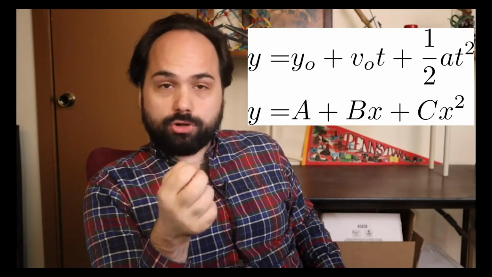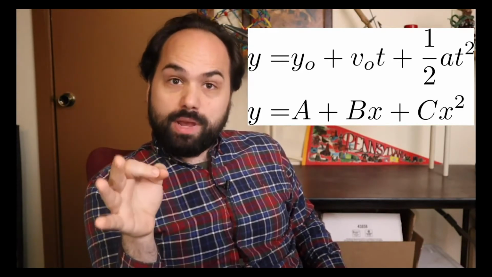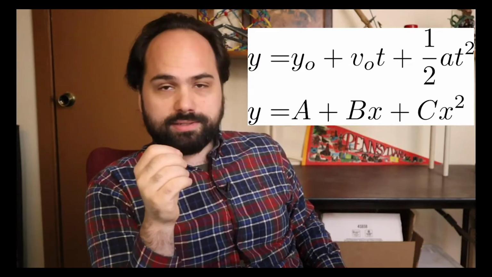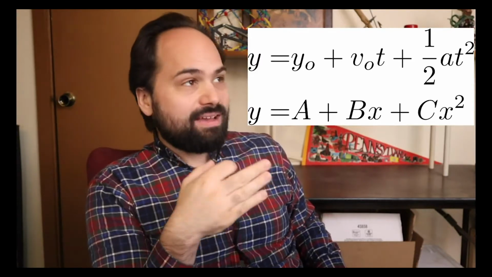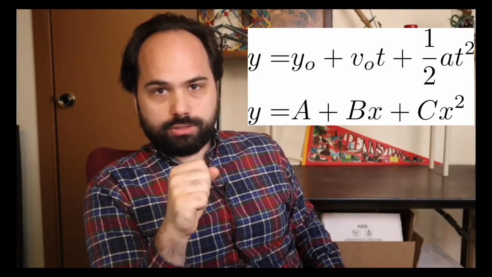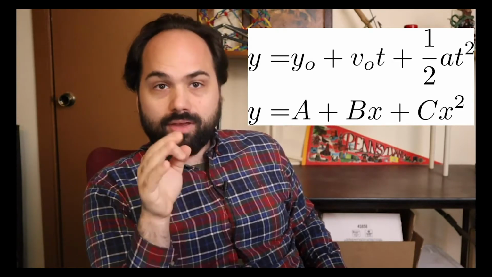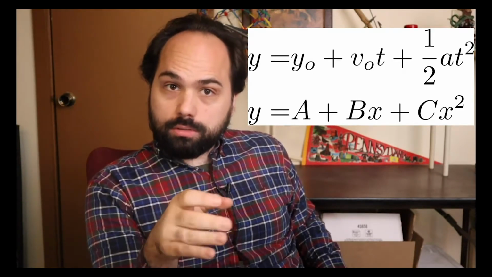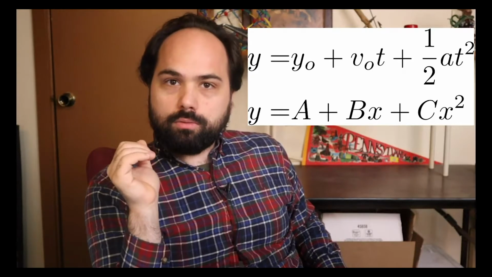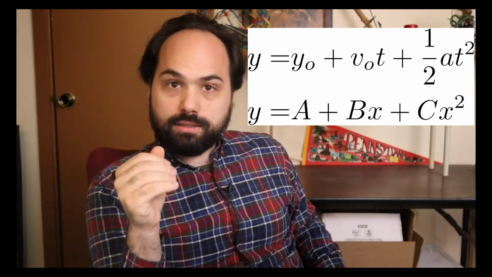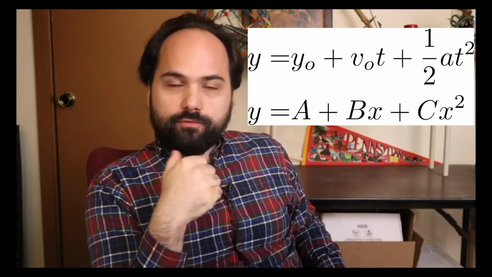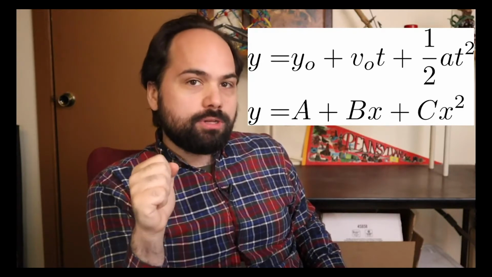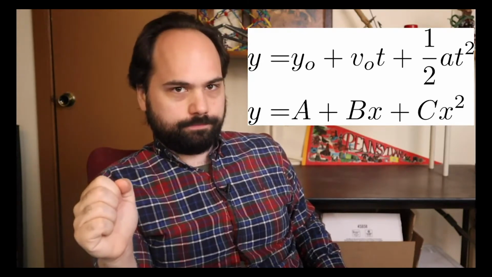We can measure the starting position. We can measure the starting velocity. We can measure 1/2 the acceleration. That's how we know that this equation makes sense physically. Every coefficient in it is something we could measure independently.